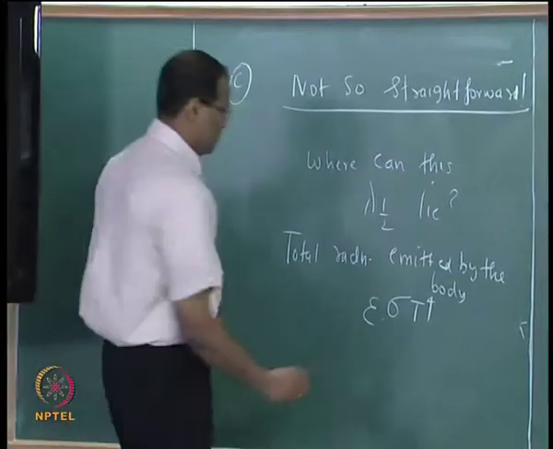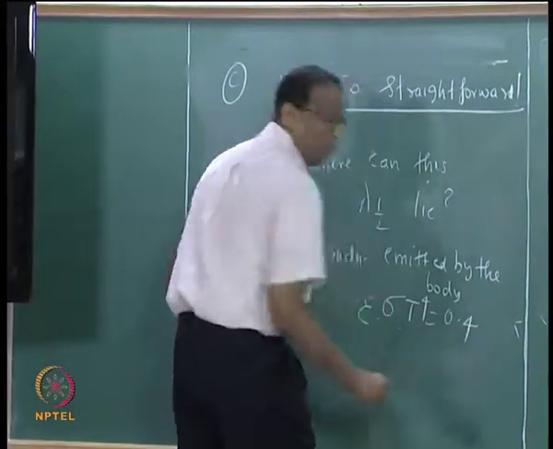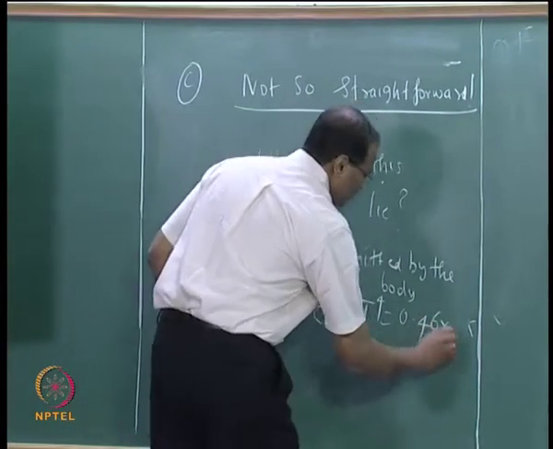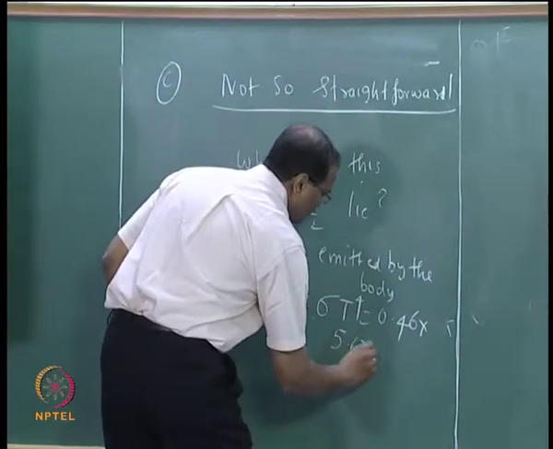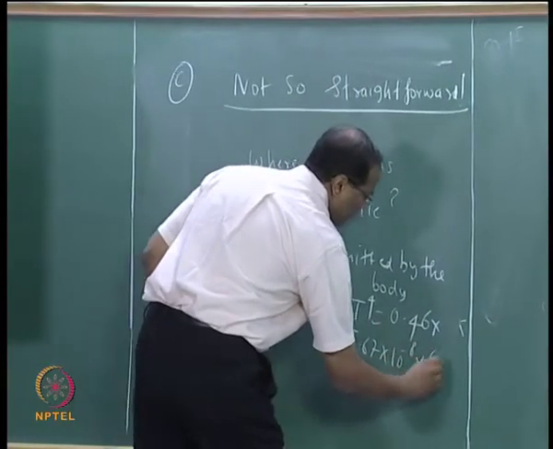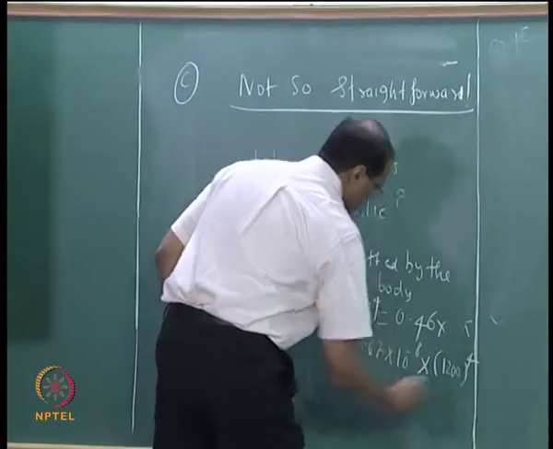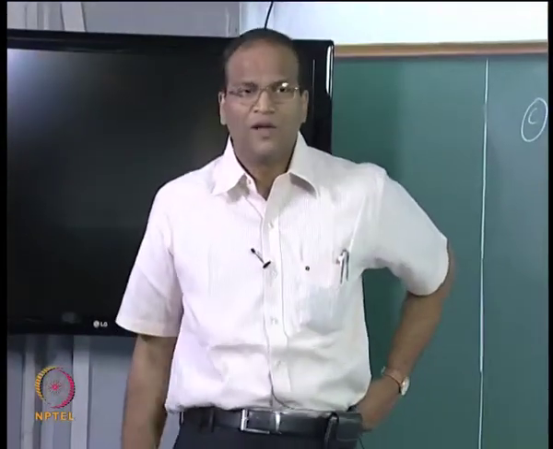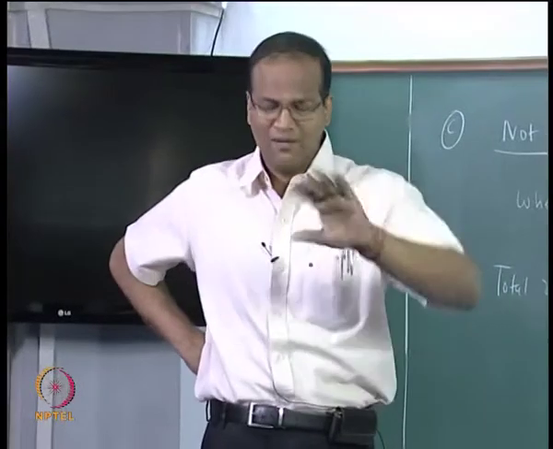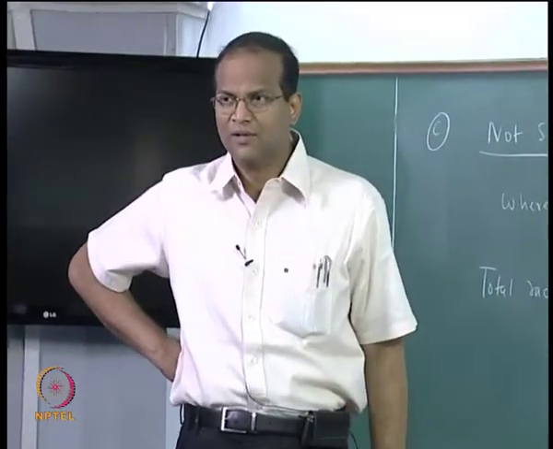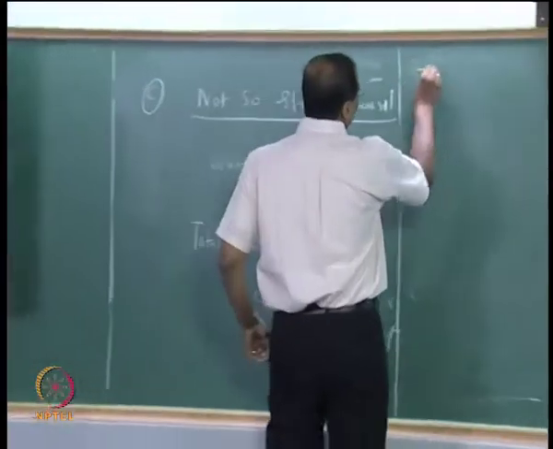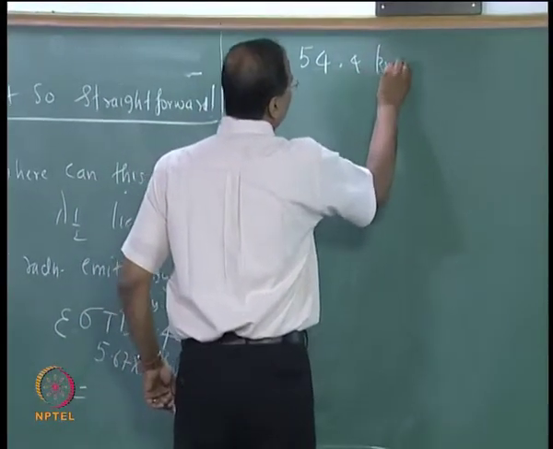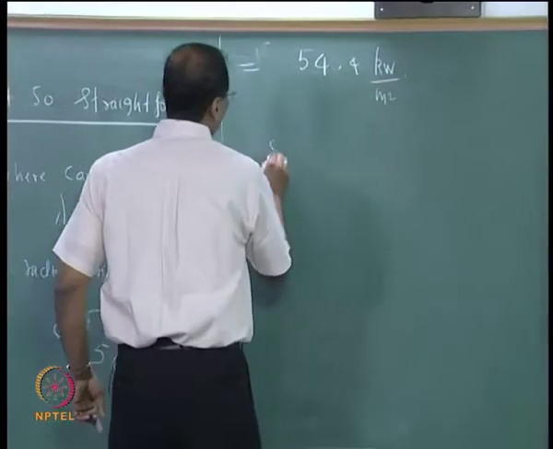What is this? 0.46. All this is not required for working out the problem, but we will do it for the sake of completeness, per meter square.